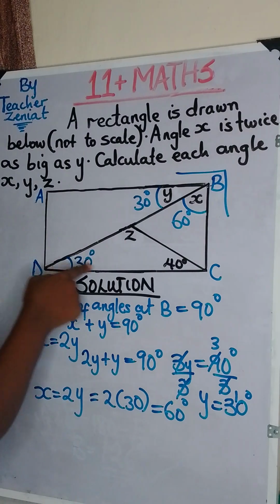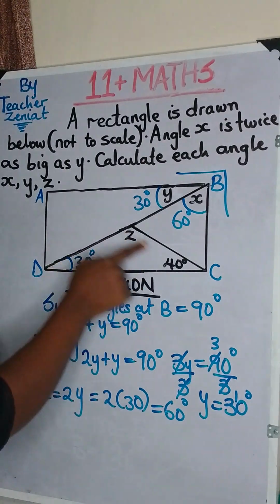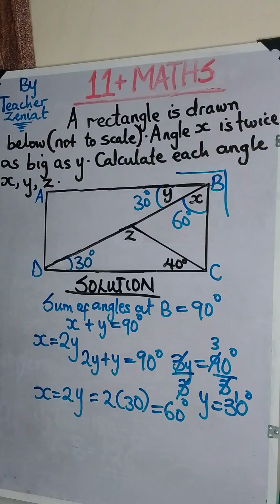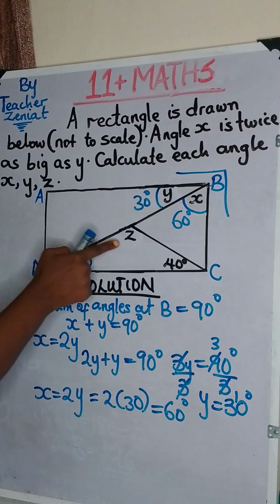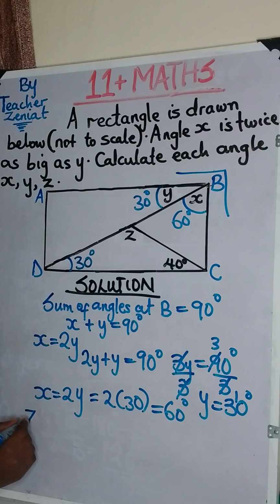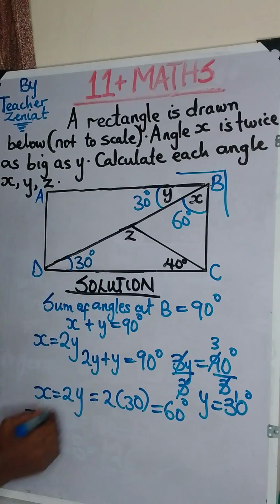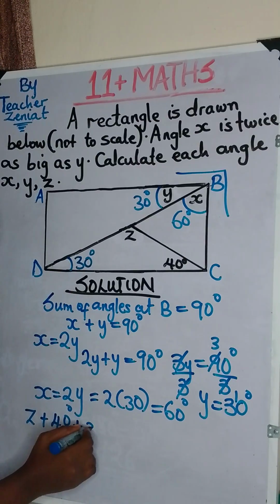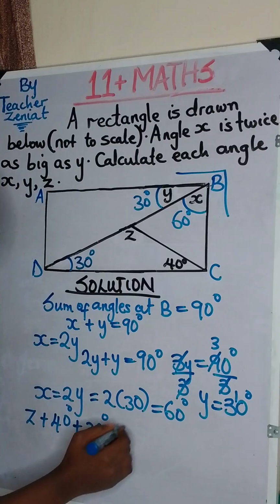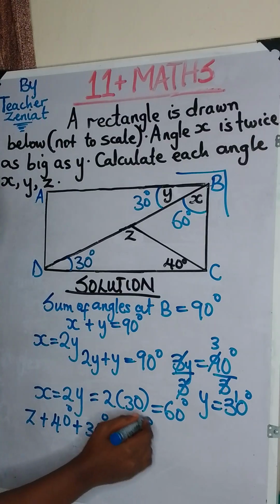Now we are going to be summing all the angles in this obtuse scalene triangle and equate it to 180. So now let's do that so that we have Z plus 40 degrees plus 30 degrees is equal to 180 degrees.